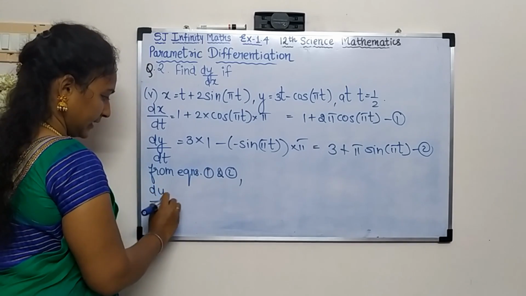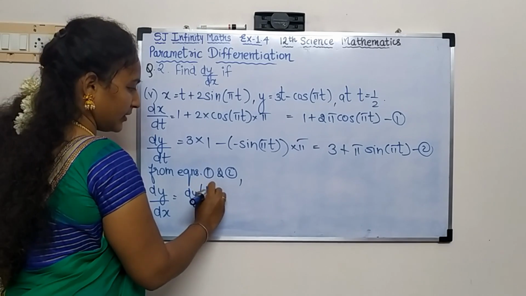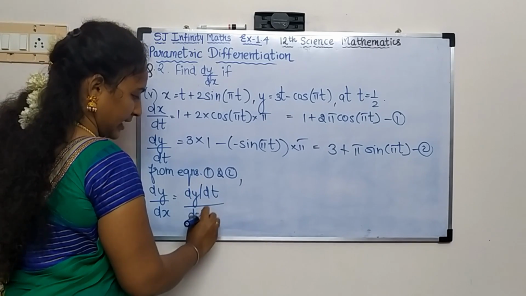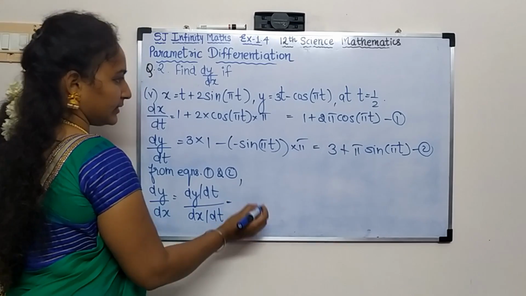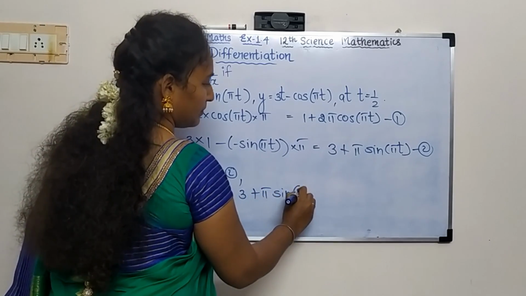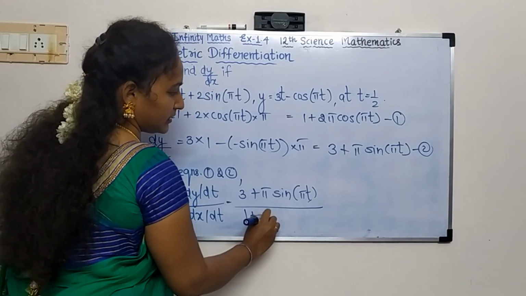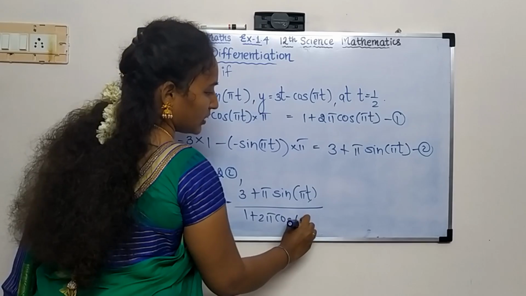Dy by dx is equal to dy by dt upon dx by dt. So this is 3 plus pi sin pi t upon 1 plus 2 pi cos pi t.